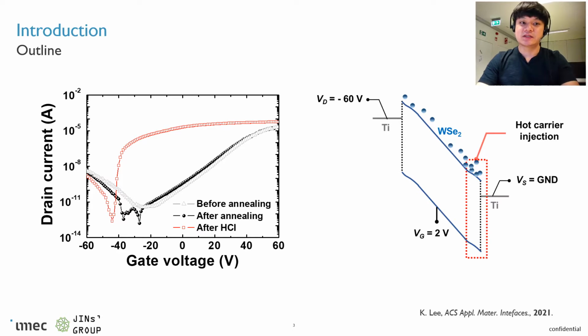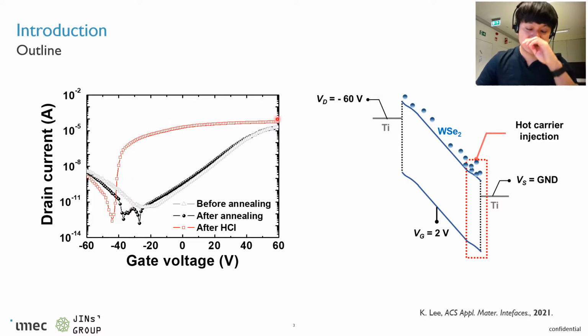So this is the outline or introduction for our research. As you can see in the transfer curve variations, there are three different types of characteristics: first, pristine; then before annealing and after annealing in high vacuum; and especially after hot carrier injection.